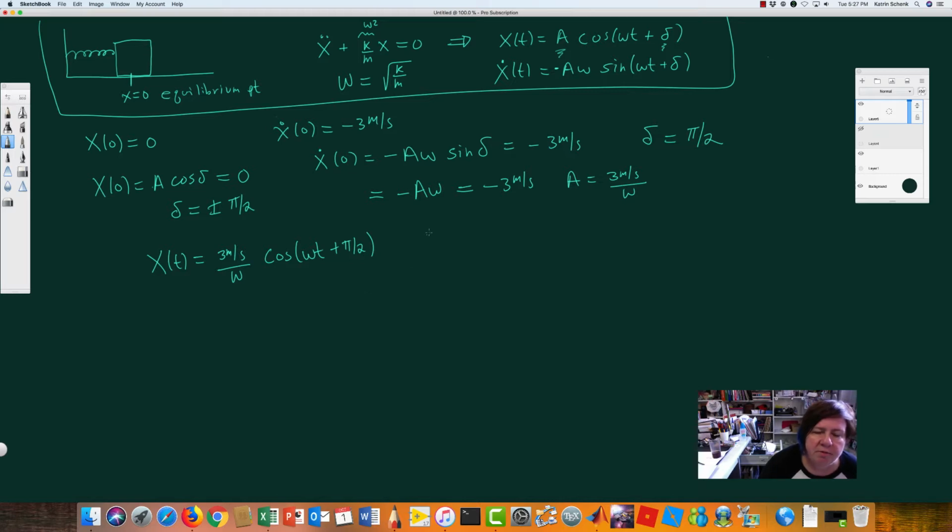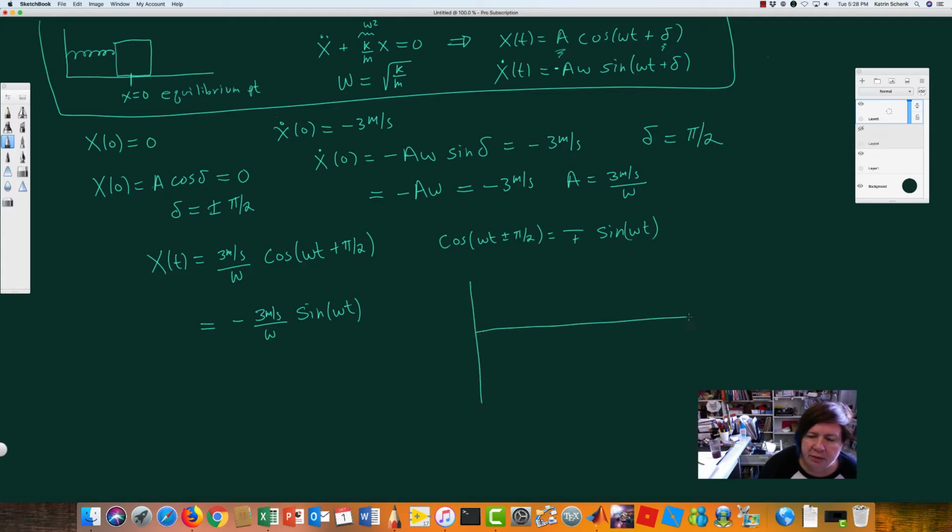Now remember from the previous page, our previous initial condition, we had cosine of omega t plus or minus pi over 2 equals minus plus sine omega t. Because it's a plus, I can write this as minus 3 meters per second over omega sine omega t. Okay, so notice it's negative.